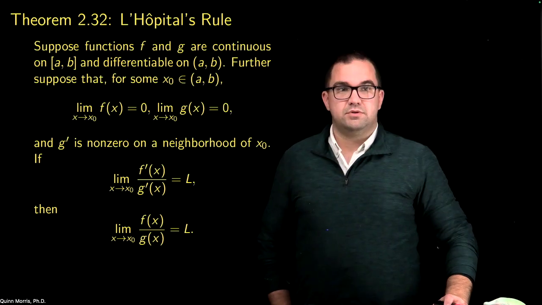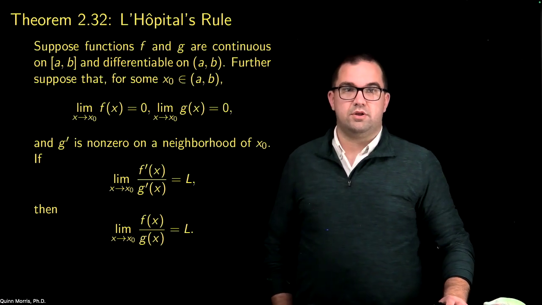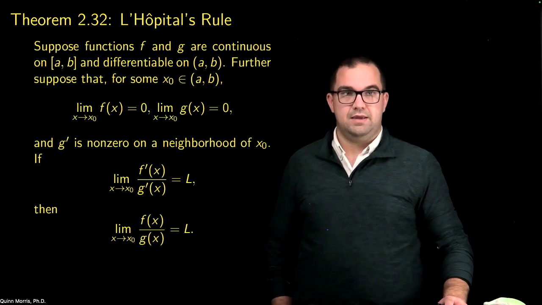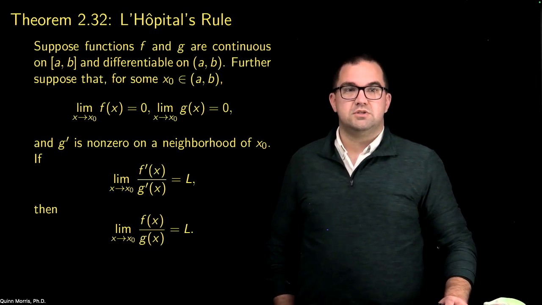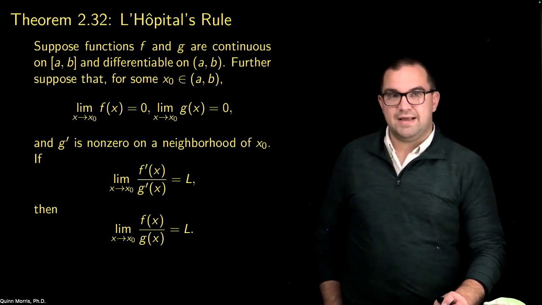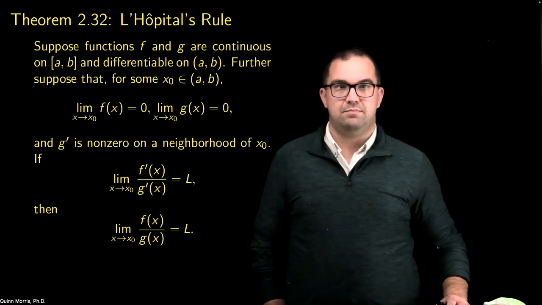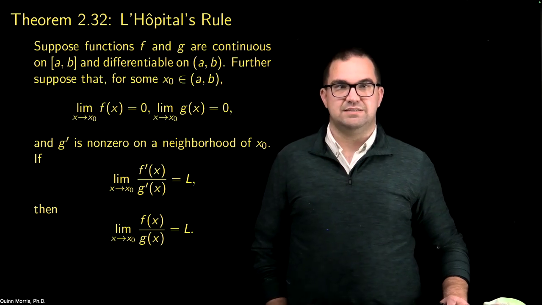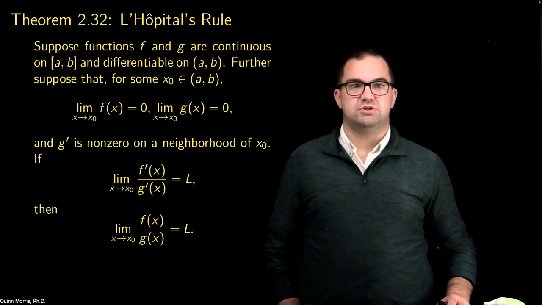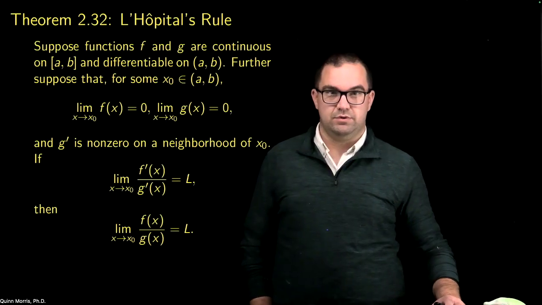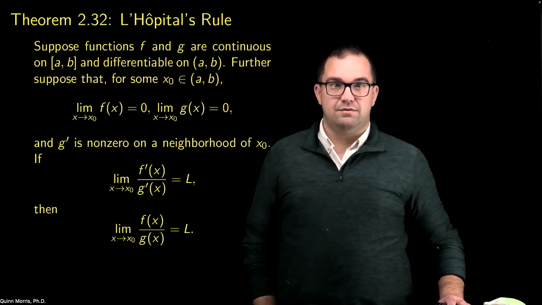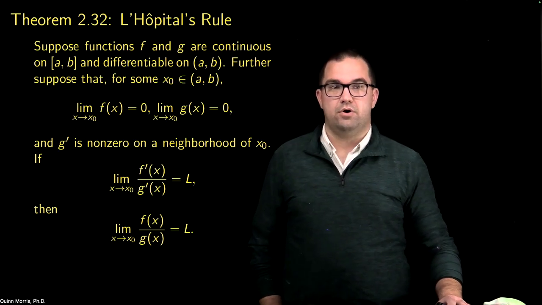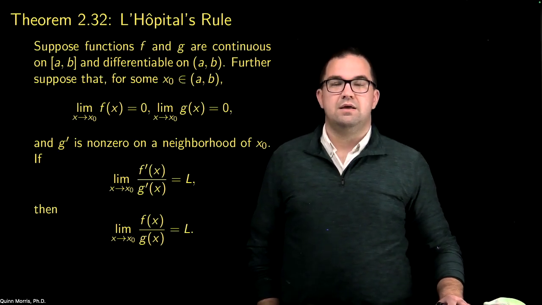So the theorem says, suppose f and g are continuous on the closed interval [a,b] and differentiable on the open interval (a,b). Further, suppose that for some point x naught in the open interval (a,b), the limit as x approaches x naught of f of x is 0, and the limit as x approaches x naught of g of x is equal to 0, and g prime is non-zero on a neighborhood of x naught.